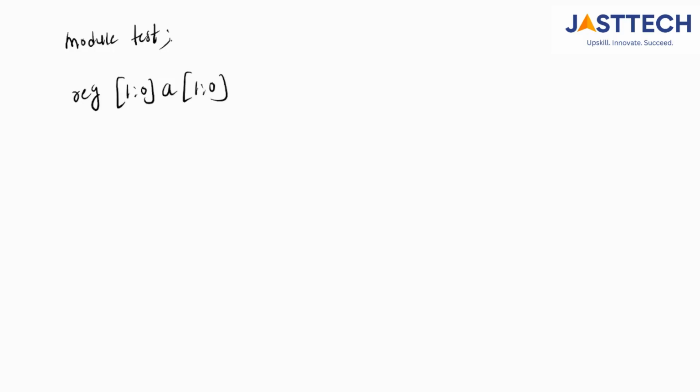So this is nothing but a vector: the size declared before the variable is a vector, and the dimension after the variable is an array. Whatever dimension is after the variable, that is an array. This decides the number of locations. How many locations are there? Two locations are there.